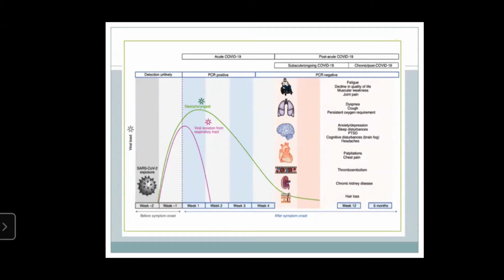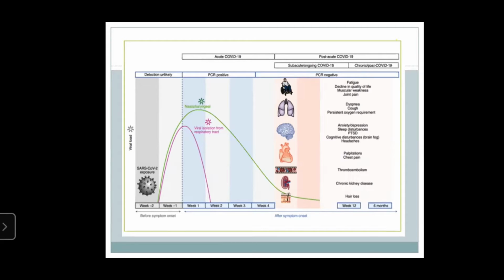And then we can see beside the acute phase, there is post-acute COVID-19, which is defined as persistent symptoms or delayed or long-term complications beyond 4 weeks from the onset of symptoms. And usually at this point of time, the PCR will be negative. Okay, and the symptoms as I described previously.